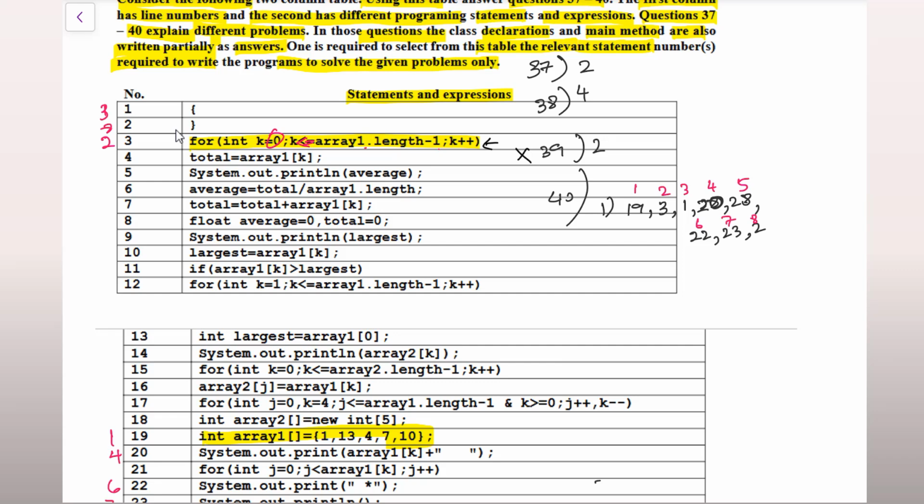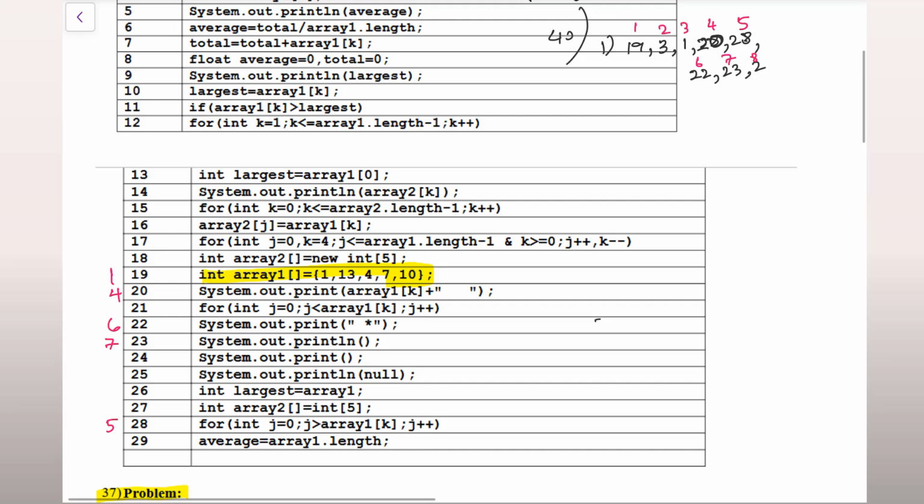And then third, that's basically the for loop's starting brace. And then 4, you are doing array1[k], you are printing the number. So in the first iteration it will print 1, the output will be 1.